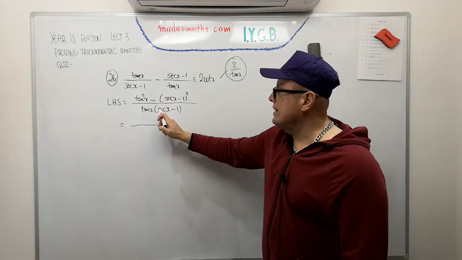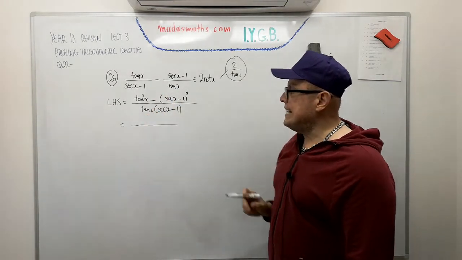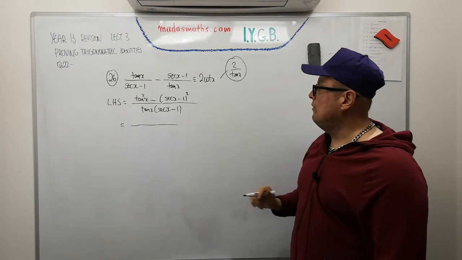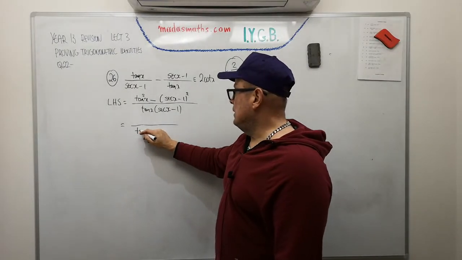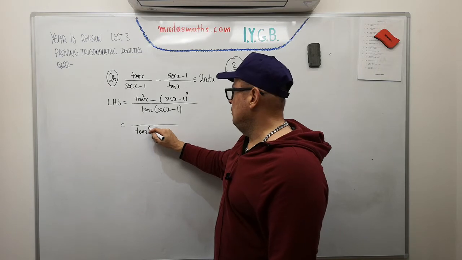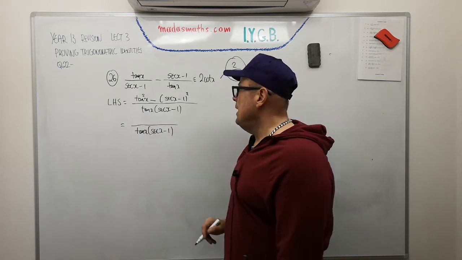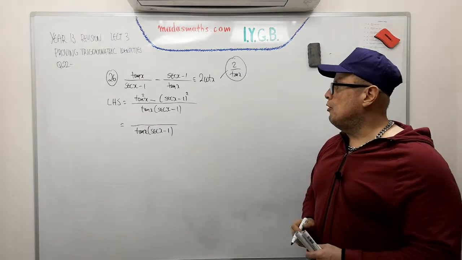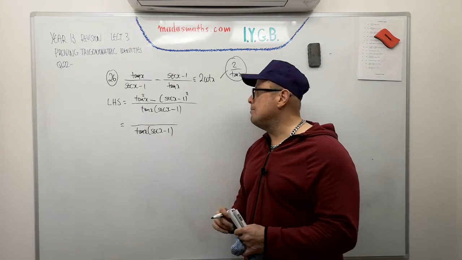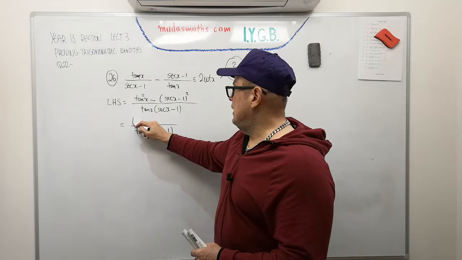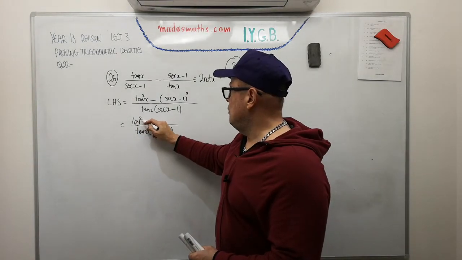This probably will cancel, so we need to leave that tan outside that bracket. So I'm not going to multiply. I can if I want in the future. And even if you didn't see that and you multiplied it, please remember where it came from later on, so you can refactorize it back. Tan squared of x.